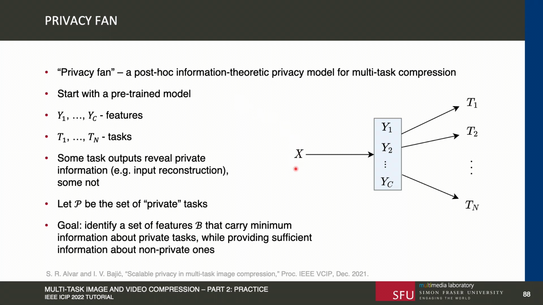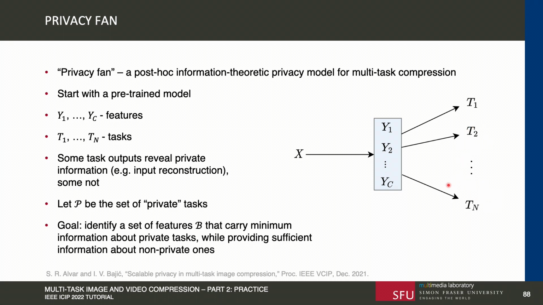So the setup is as follows. We have an input here, x, which is mapped to a number of features, here y1 through yc, from which multiple tasks are accomplished. Some of the tasks reveal private information, and so those tasks will be collected in the set P, the set of private tasks.